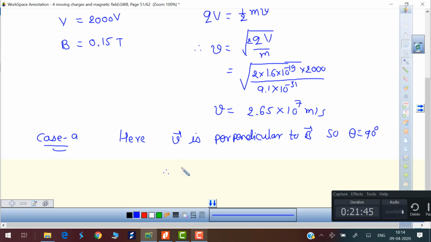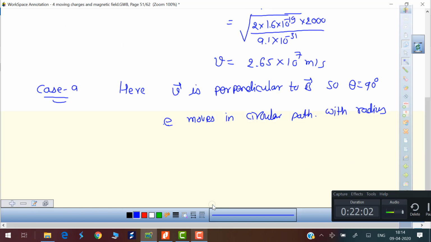Therefore, the electron moves in a circular path with radius. r is equal to what? Remember, mv upon qB.